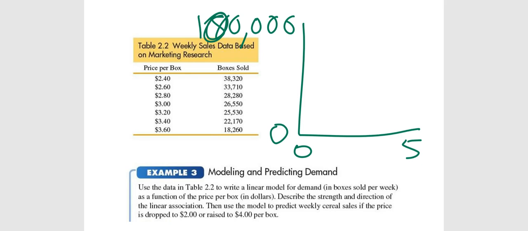Okay, so we got this beautiful looking arch, right? How do we find the maximum revenue? Where do you find that on this parabola? At the vertex. Do you know how to find the vertex using this machine?